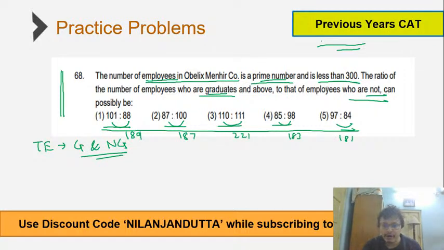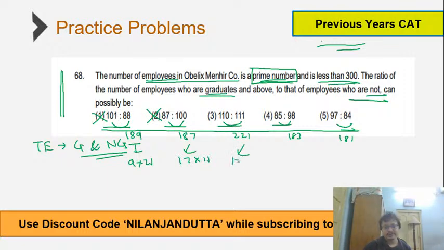What I need to check is all of them anyway less than 300. I need to check which of these are prime numbers. So how do I check? 189 is nothing but 9 into 21, so it's not a prime number. 187 is equal to 17 into 11, again not a prime number. 221 is 13 into 17, again not a prime number.